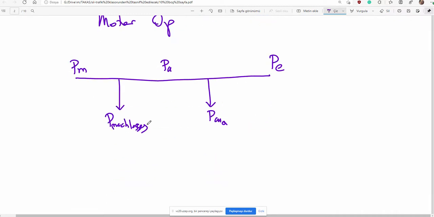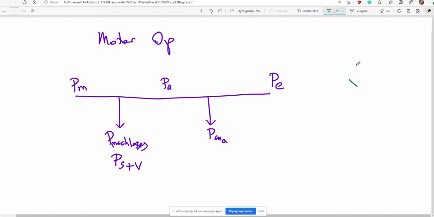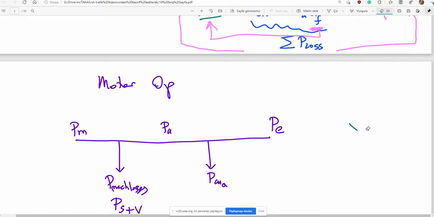So, in terms of friction and ventilation. Okay, now take care. I'm just changing the main energy direction. You apply electric power, you convert electric power into mechanical power.